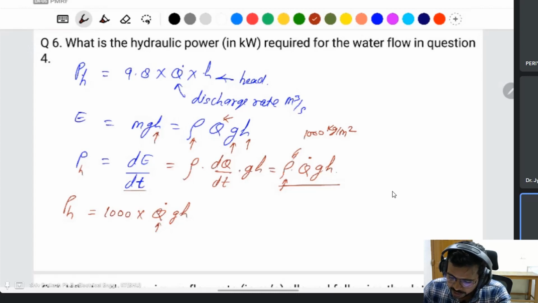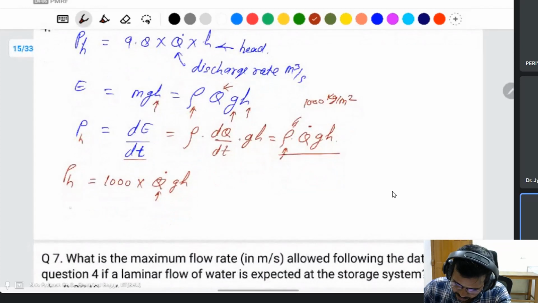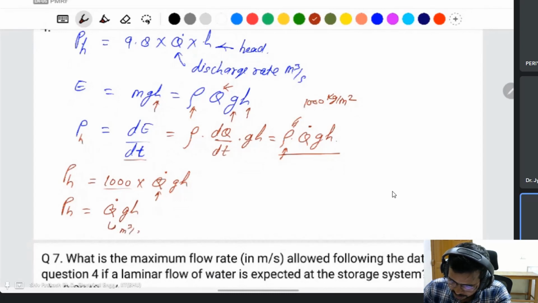Here Q is in liter per second, how much water in liter is discharged from one place to another. Divided by 1000, it will go to meter cube. Q dot will be in meter cube per second.